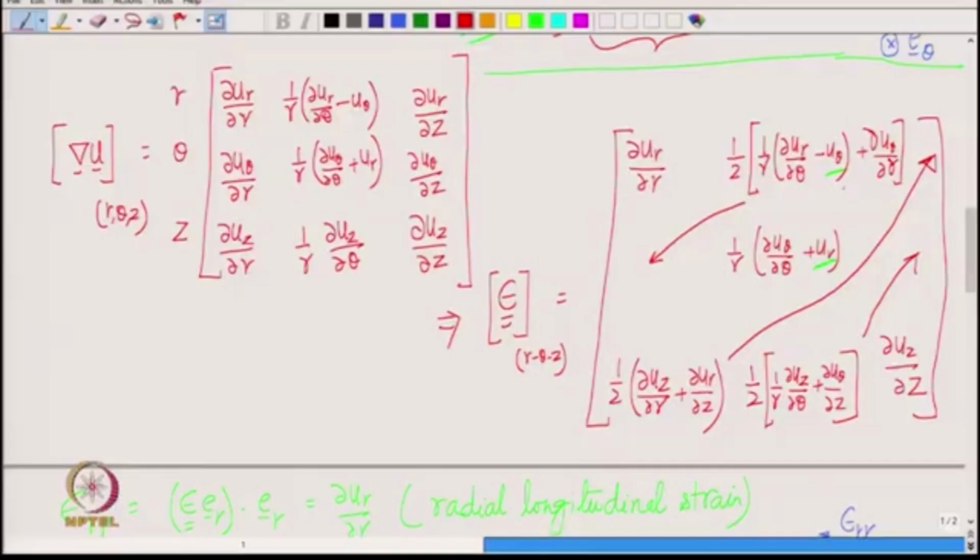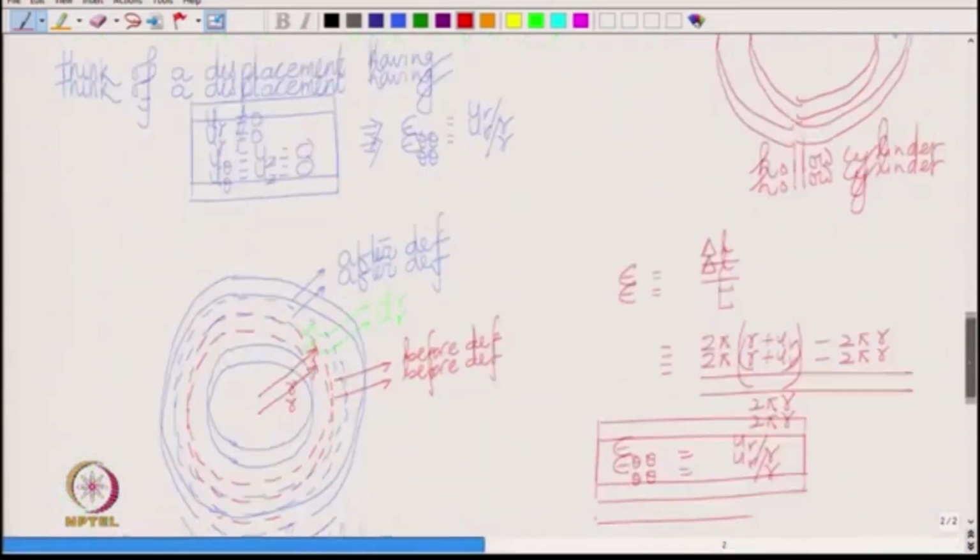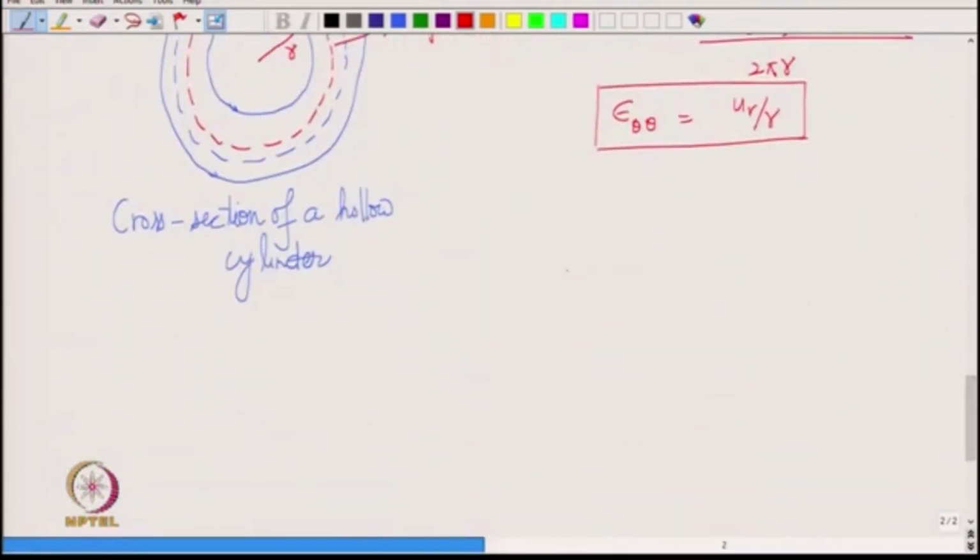Likewise, we have another extra term in the shear strain corresponding to this entry here, right. So, that is epsilon r theta. So, what is gamma r theta then? It is twice of it.